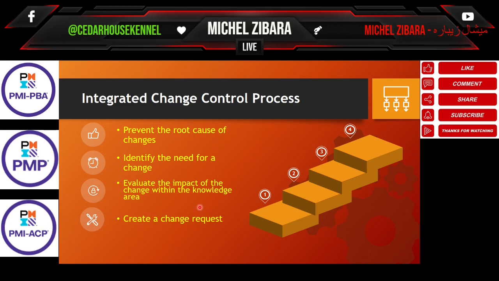But I also need to assess the impact of that change within the knowledge areas. How much would that additional scope impact my scope management plan? What is the impact on the schedule management plan, and what is the impact on quality? It's very important to assess against all knowledge areas.